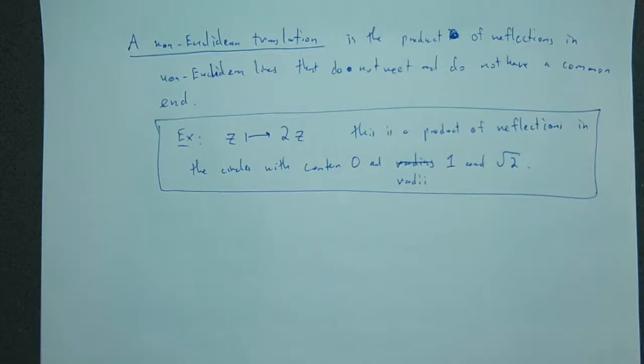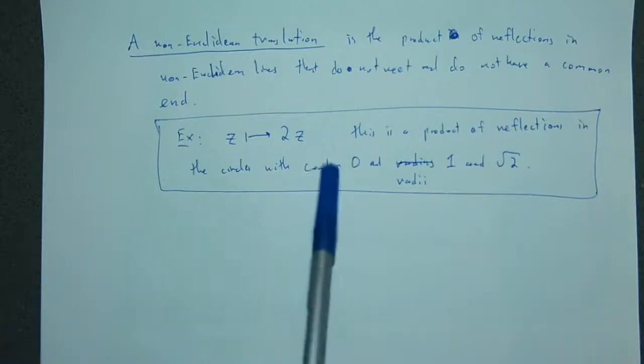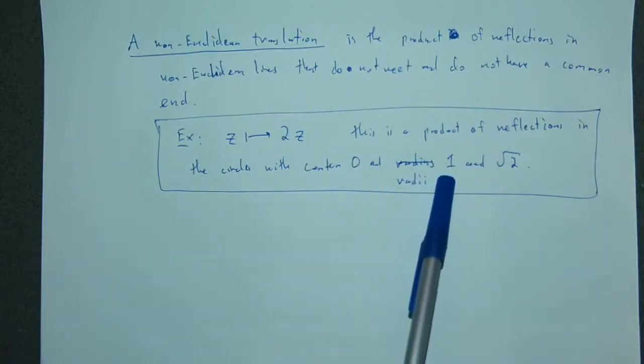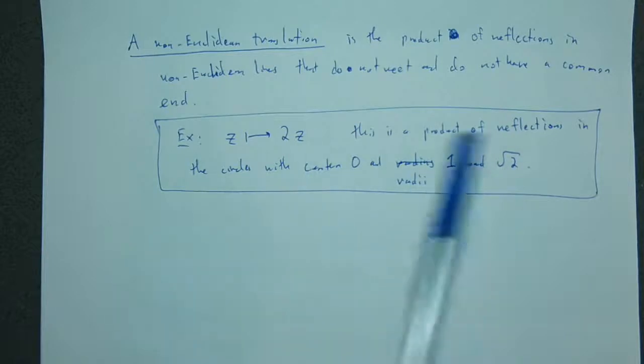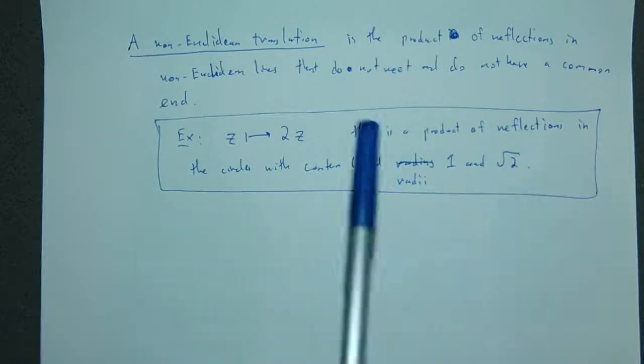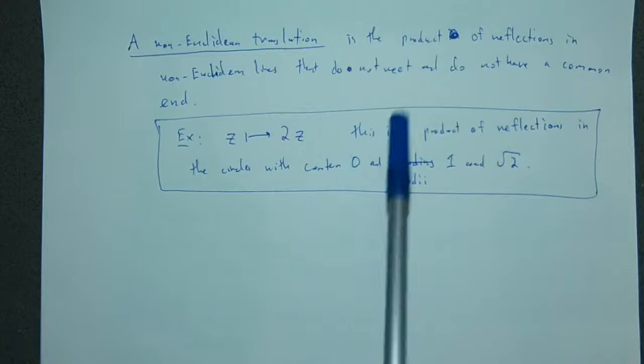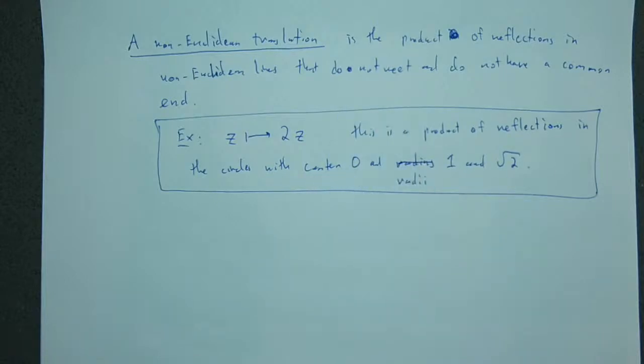So, the mapping z to 2z is obtained by reflecting across the non-Euclidean line that is the semicircle centered at 0 with radius 1, and then reflecting across the non-Euclidean line that is the semicircle with center 0 and radius root 2.